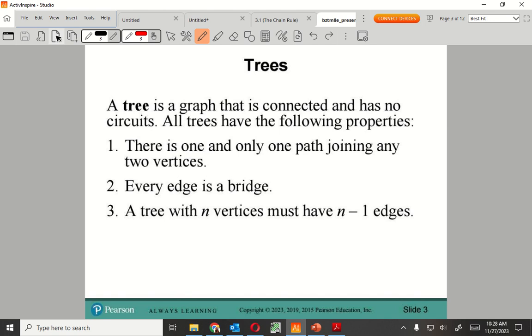A tree with n vertices must have n minus 1 edges. N refers to how many letters, how many dots, or how many houses we're connecting. So if there are 6 houses we're connecting, that would be 6 minus 1, which is 5 bridges connecting all of those.